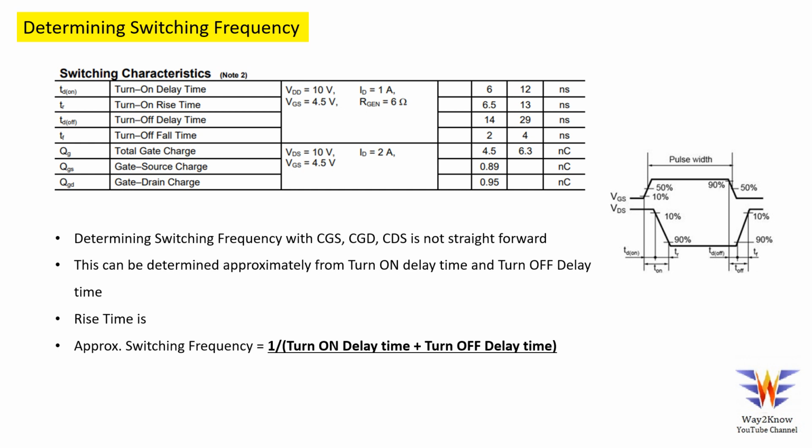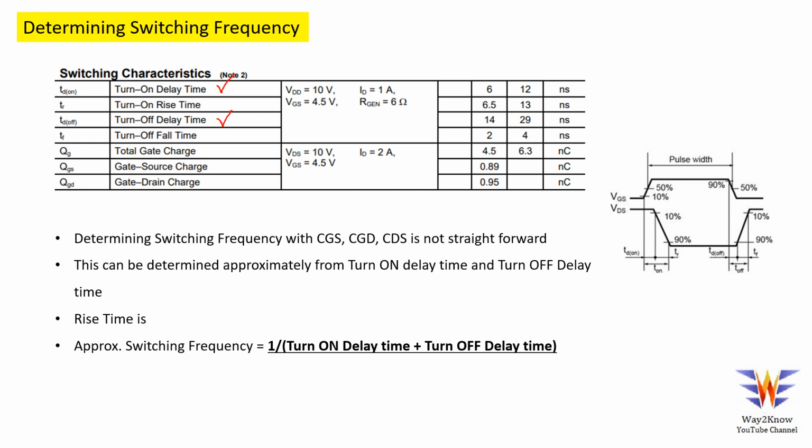From these we can directly calculate the maximum switching frequency, because determining it from the capacitances of the MOSFET would be a little difficult. A straightforward consideration is that the approximate switching frequency depends on the delay times, mainly the turn on and turn off delay. So the switching frequency should always be less than 1 by turn on plus turn off time.